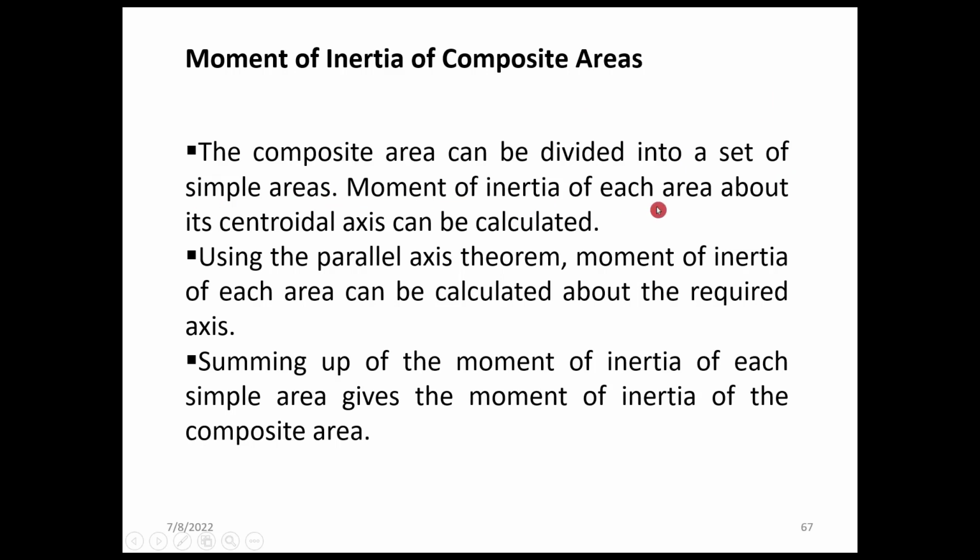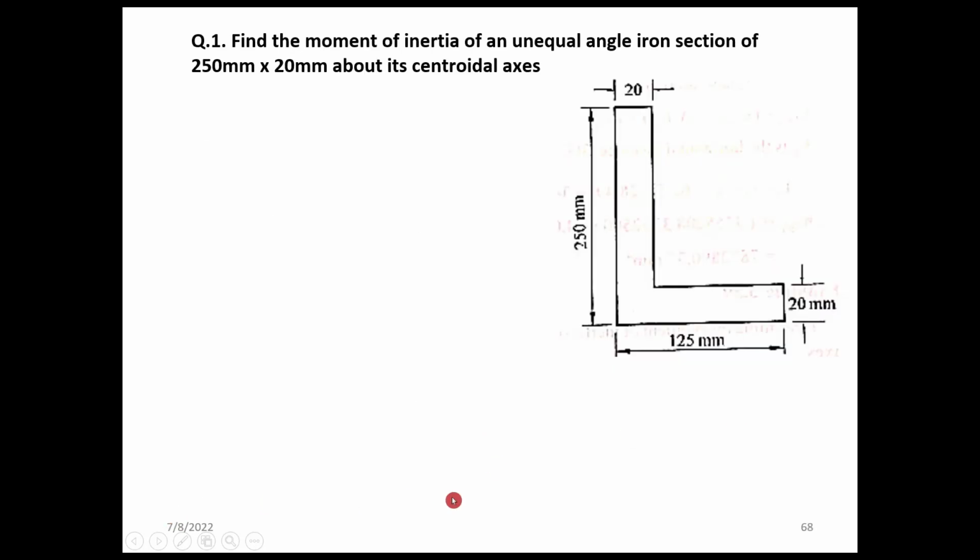Moment of inertia of each area about its centroidal axis can be calculated. Using the parallel axis theorem, the moment of inertia of each area can be calculated about the required axis. Summing up the moment of inertia of each simple area gives the moment of inertia of the composite area. So for this composite area, we need the parallel axis theorem.